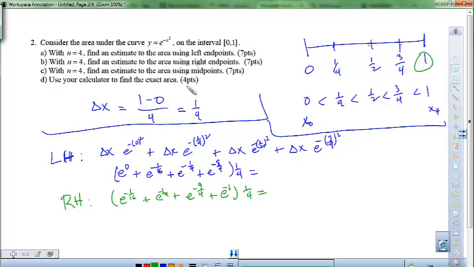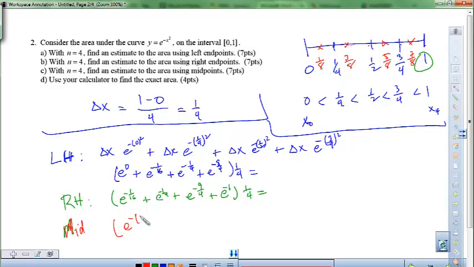We want to estimate our area using the midpoint. Let's use a different color for that. The midpoint, essentially you have to find more points for each of these subintervals, so we can figure this out. This is an eighth, this is 3/8, 5/8, and 7/8. If you want to count by eighths, it's 1/8, 2/8, which is 1/4, 3/8, 4/8, which is a half, etc. So for each of these subintervals, you're just going to put in the eighths.